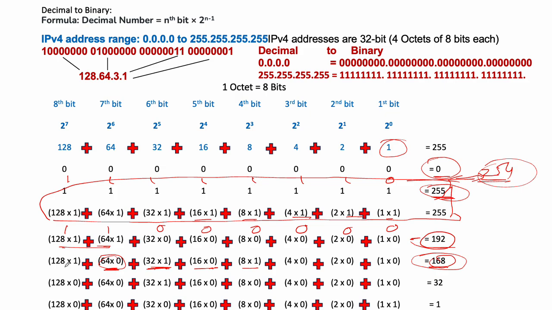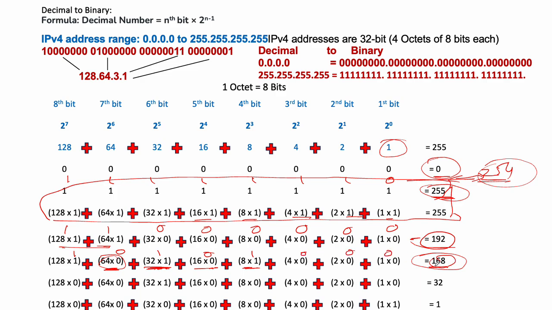Now we already did 128 plus 32, so that's 160. Now if we set here the 8, right? If you set this bit as a 1, and you add this value, 128 plus 32 plus 8, that will become 168, right? So that means our binary value is 1 0 1 0 1 0 0 0.